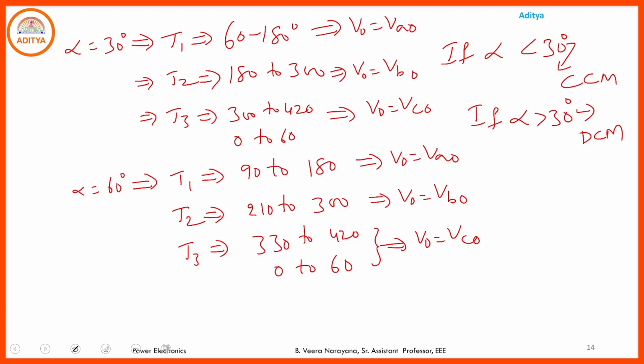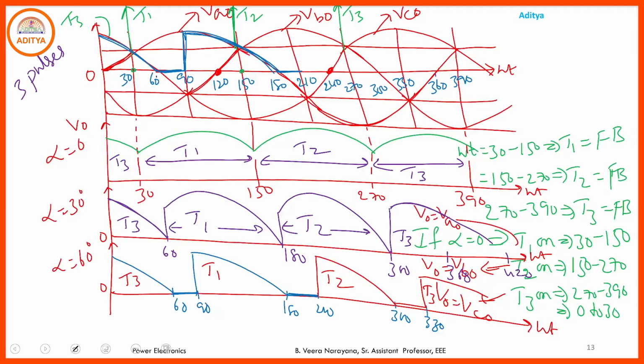See here, for alpha less than 30, it is continuous, always you have some current in the output. For alpha greater than 30, here I am taking 60 degrees, in this portion the output current is 0, here also 0, here also 0. If the load current is 0, then we are getting the discontinuous conduction mode.